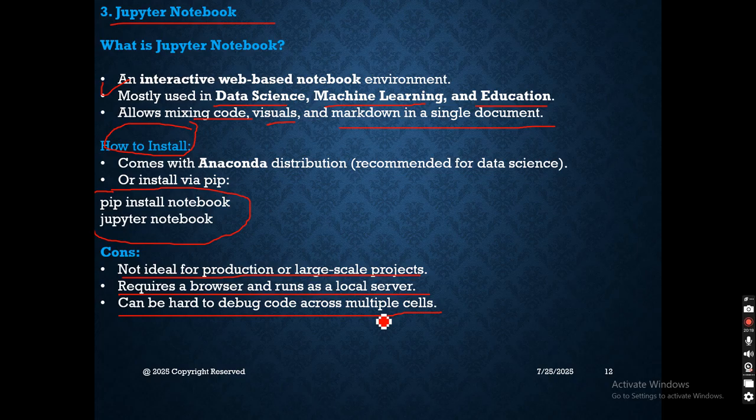In case you have multiple logic, you have to write it across multiple cells. A cell means, let's say one statement I have written, then again you write the next logic. So if you have multiple cells, then debugging becomes tough in the Jupyter platform, right? So that's the reason developers mostly use Microsoft VS Code rather than Jupyter notebook.